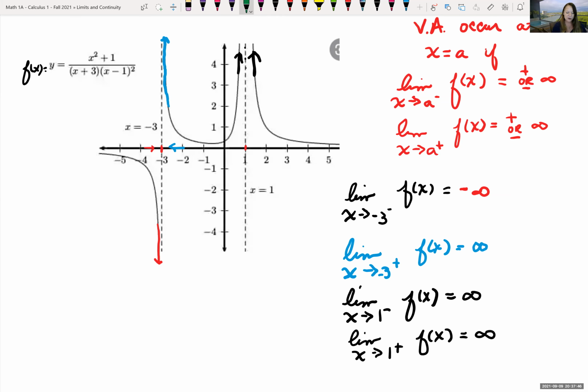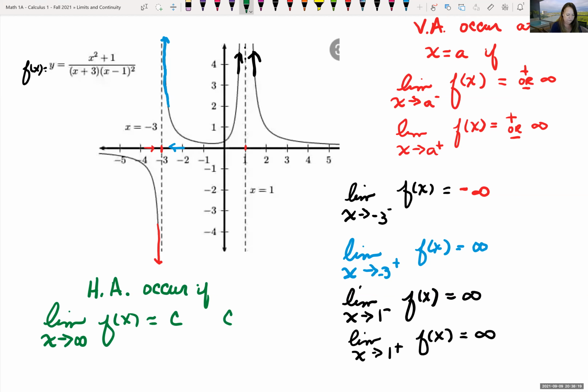So this graph also has what is called a horizontal asymptote, HA. These occur if we look at the limit as x approaches positive infinity of our function, and it gets closer and closer to one y value, let's say c, a real number.